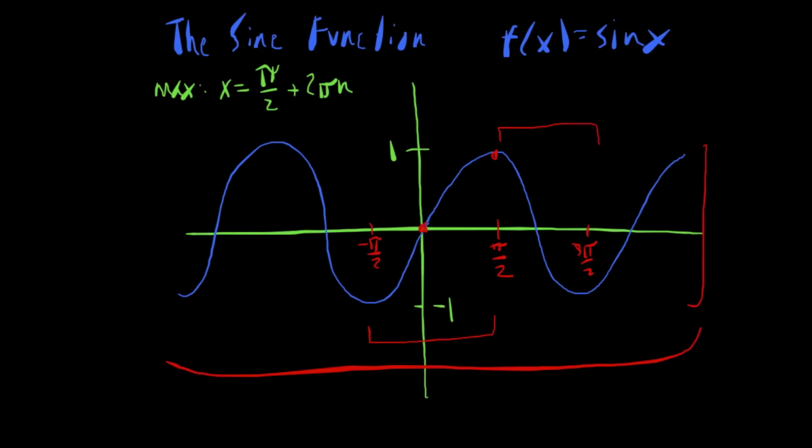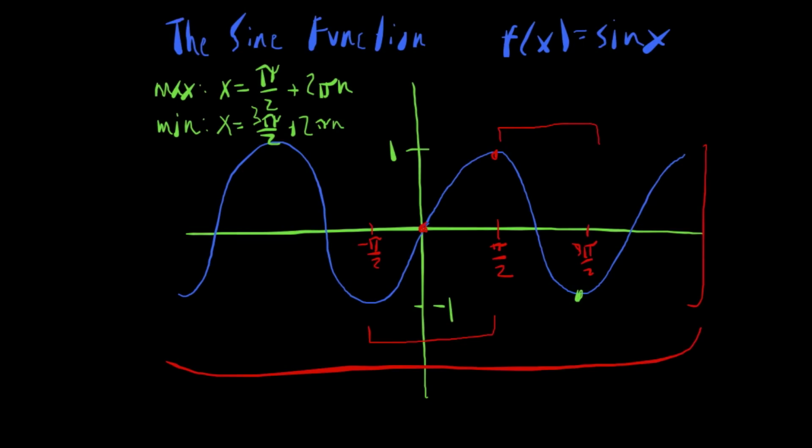It has a minimum at 3 pi over 2, but that's also repeating, so the minimums can be found by x is equal to 3 pi over 2 plus 2 pi n. N is also an integer.